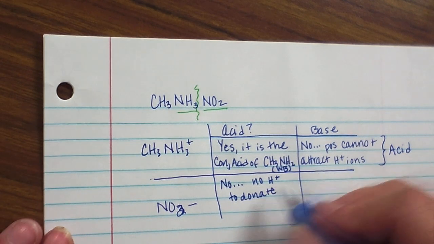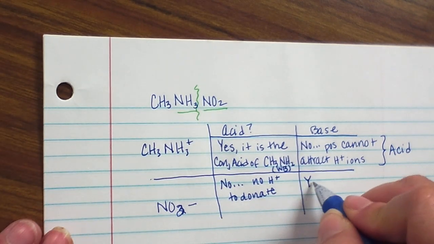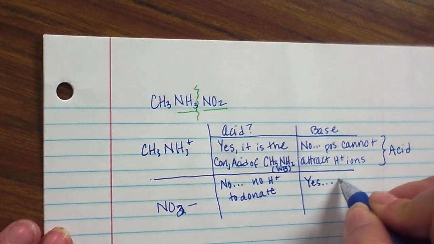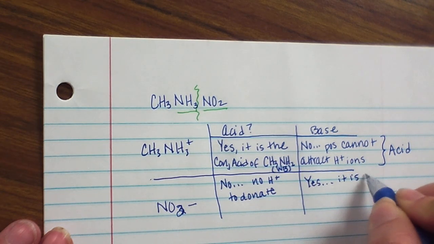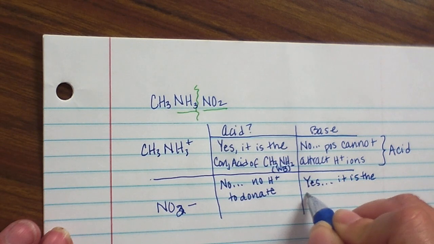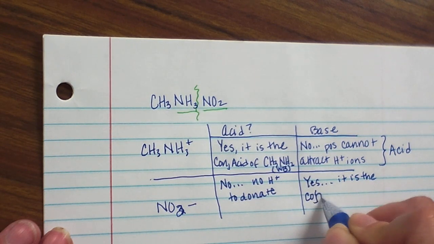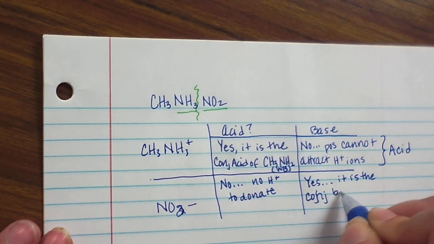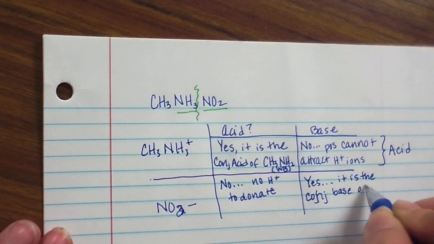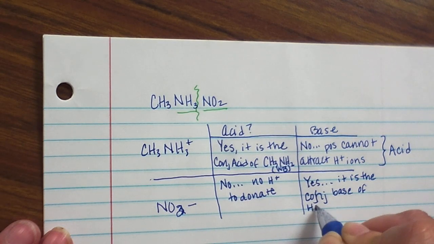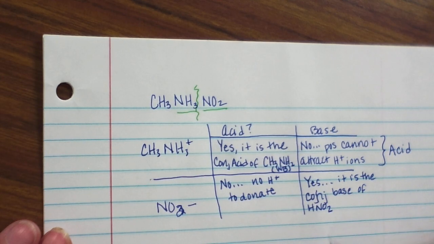Okay, next, yes, it is the conjugate base of HNO2. Now, is HNO2 a weak base or a strong base?